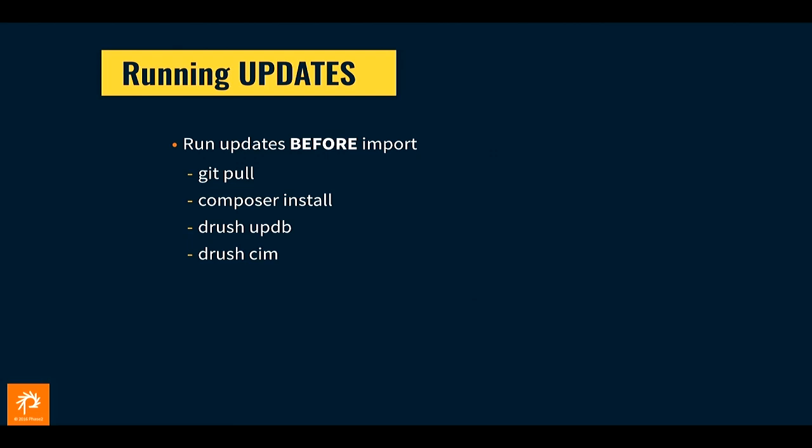So you run composer install, and that ensures that all of your modules are up to date with the same versions. One of those updates might have changed the schema, so you now need to run updates first to allow that module's update hooks to do whatever cleanup it needs for whatever update they just did to it. And then after running update hooks is when you run config import, because now you have a clean schema. So that's the correct order.